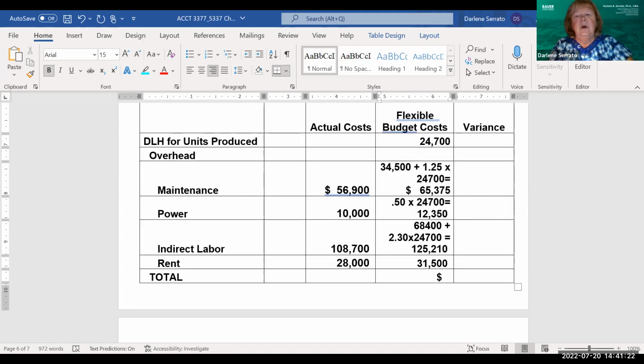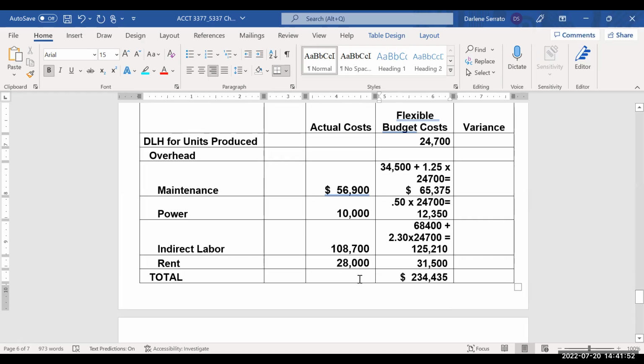So what's the total cost? $234,435. Yeah, that's what I got.